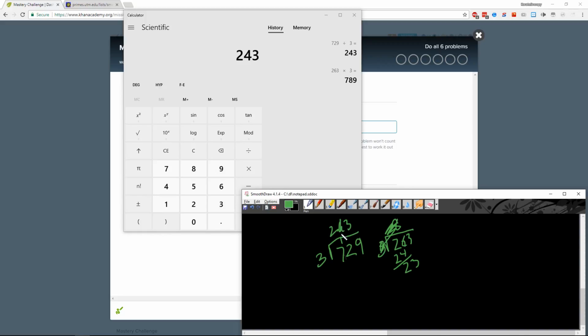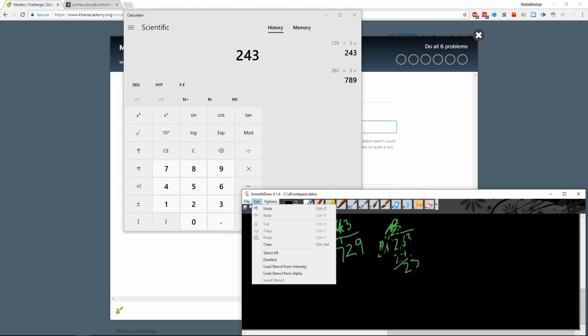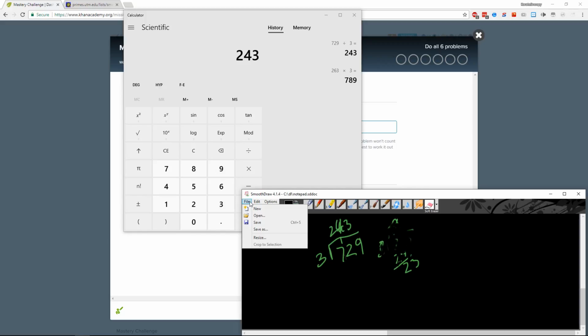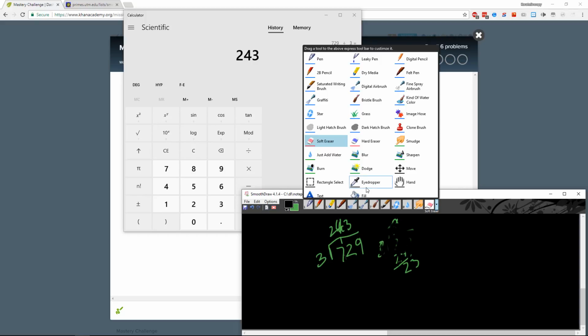Let's change this to a 4. Okay, let's swap that color. Let's see, I don't know how to erase this section yet. Edit. So I'm gonna just wipe it. I haven't actually used this dumb program very much.